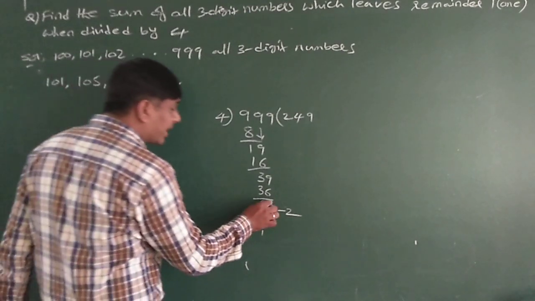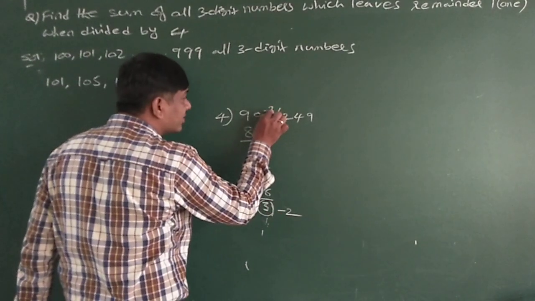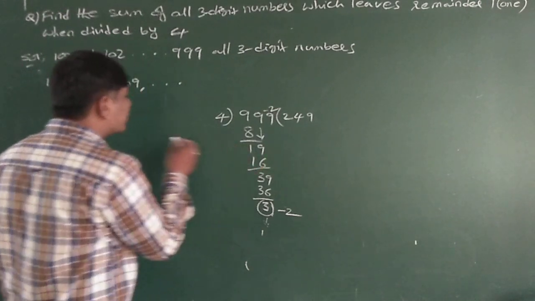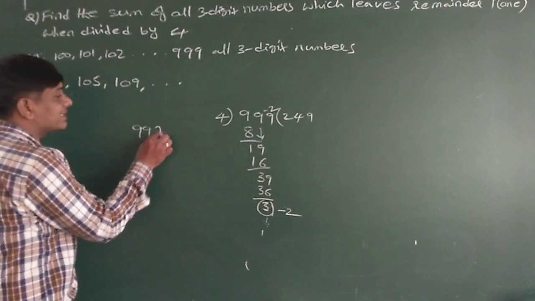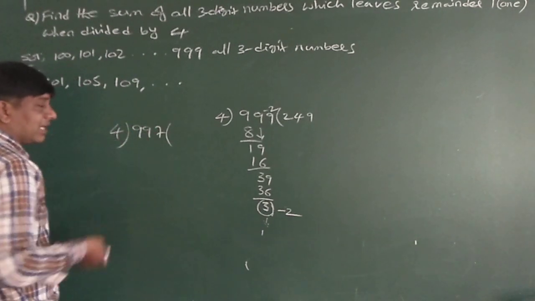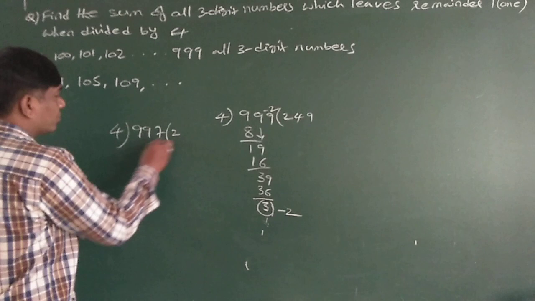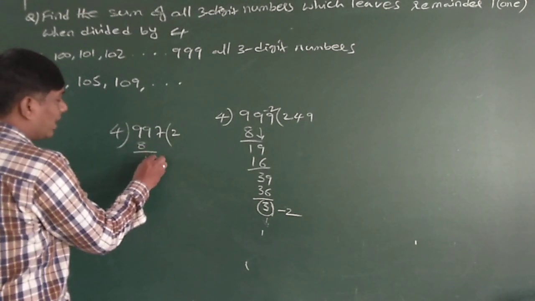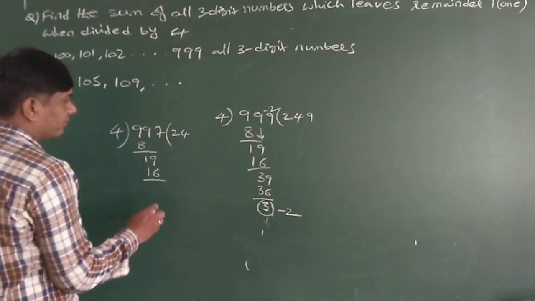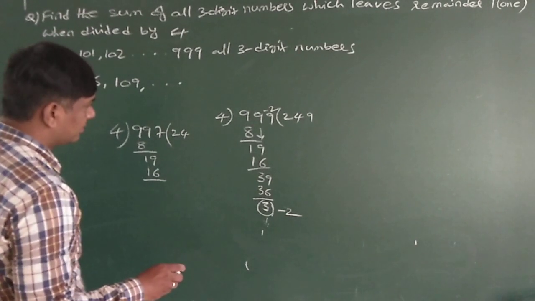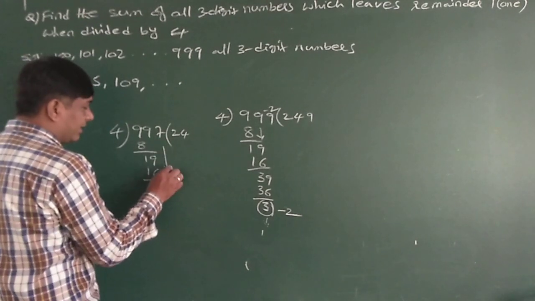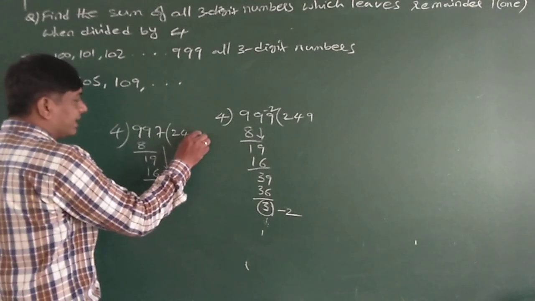Since you are subtracting 2 here, you need to subtract 2 from the number also. So 999 minus 2 is 997. Now check whether this number leaves remainder 1 or not. 4 2s are 8, 1 from 9. 4 4s are 16. 9 minus 6 is 3, and 7 makes 37. 4 9s are 36.